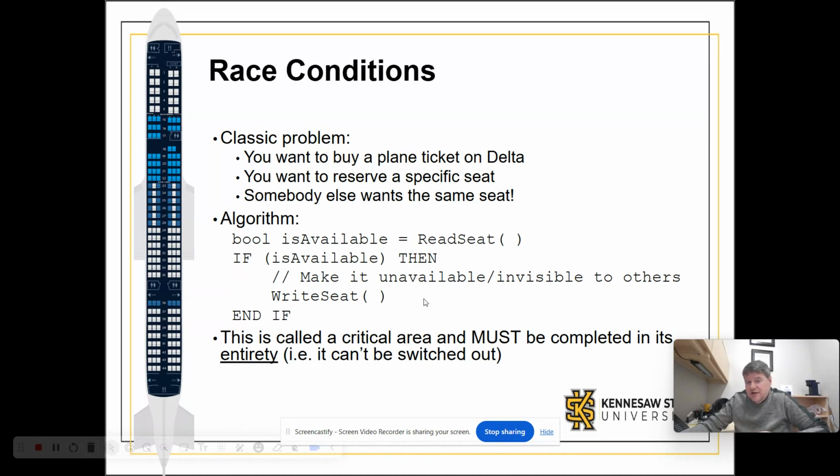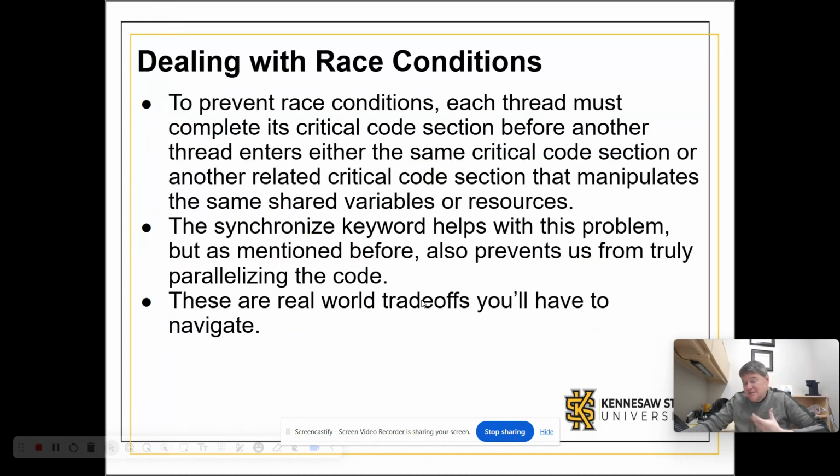That's what the synchronized keyword is all about. It's basically saying once you start this, no one else is allowed to mess with it. That block of code, or that item in the array list, cannot be messed with by anybody else until this thread is completed with this task.